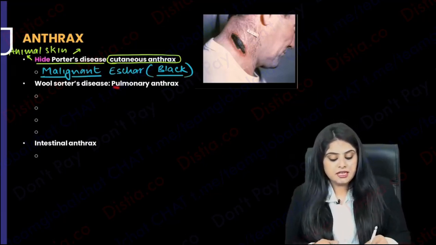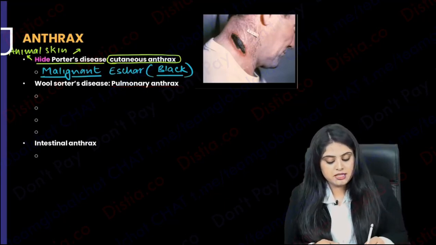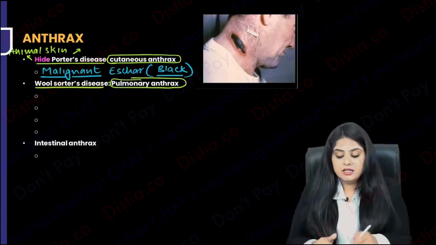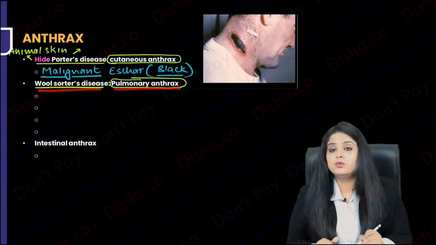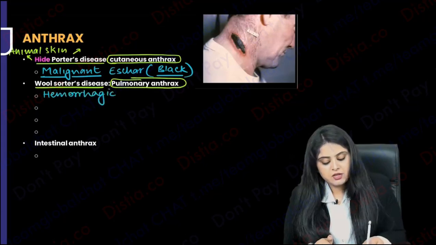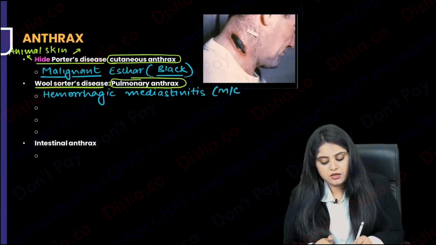If there is an inhalation, when would there be pulmonary anthrax? Someone working in the wool industry, wool sorter's disease. So wool fibers will be inhaled. So pulmonary anthrax is known as wool sorter's disease, and this results in hemorrhagic mediastinitis. This is very commonly associated with hemorrhagic mediastinitis. That is the most common thing to occur.